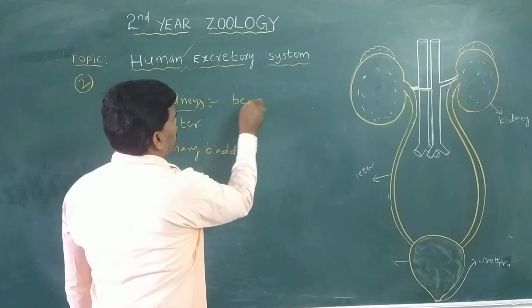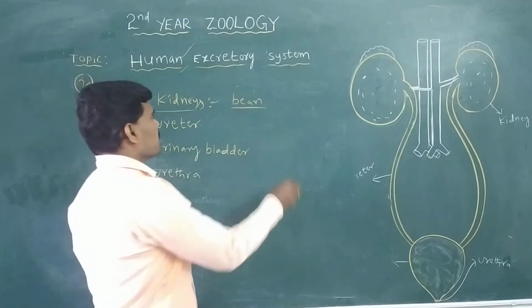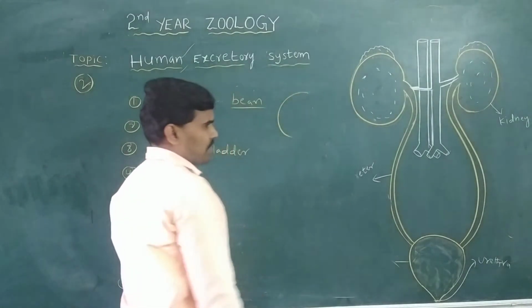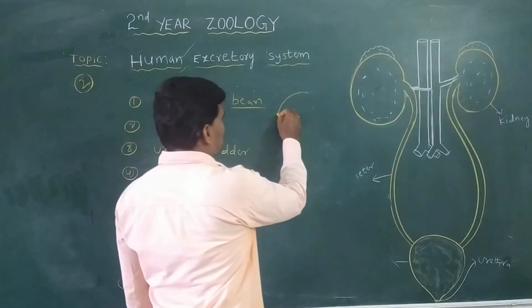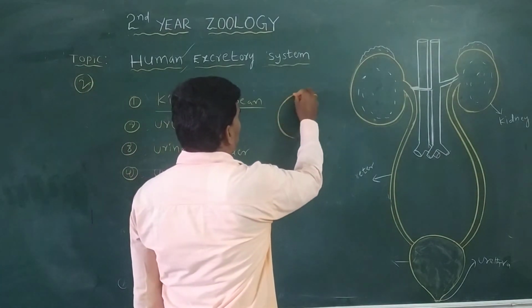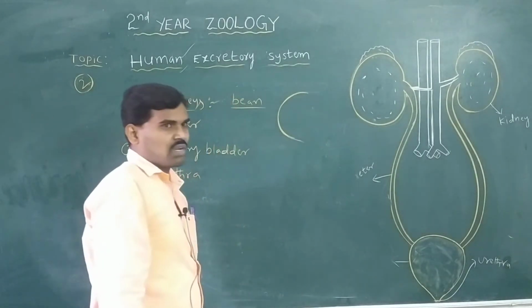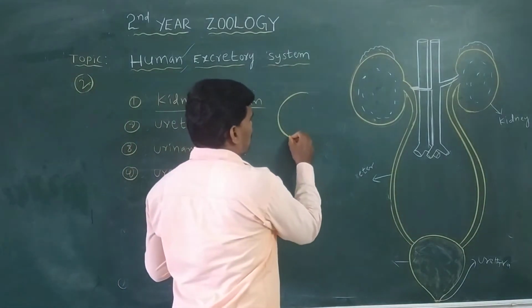The bean-shaped kidneys have an outer convex surface and an inner concave surface.